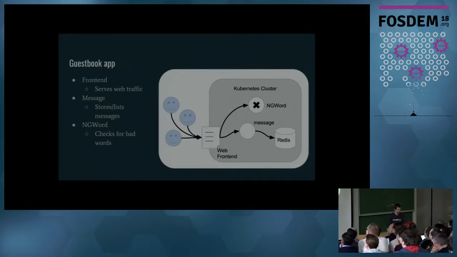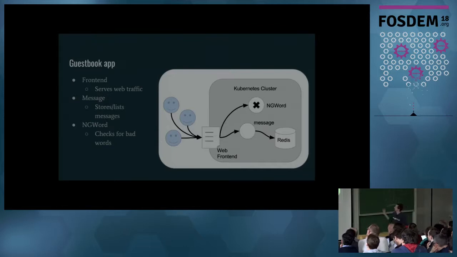So today, what I'm going to talk about mostly is several different best practices that you can follow when you're deploying applications. I'm going to use this little guestbook app that I wrote. It's a kind of microservice-y architecture. It's got a message application, which is basically just a gRPC service that you can use to save messages in a list, and that saves them back in a Redis store.